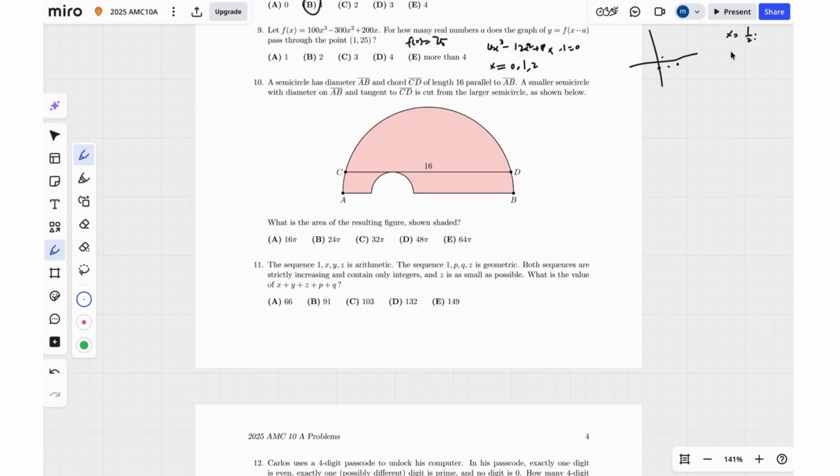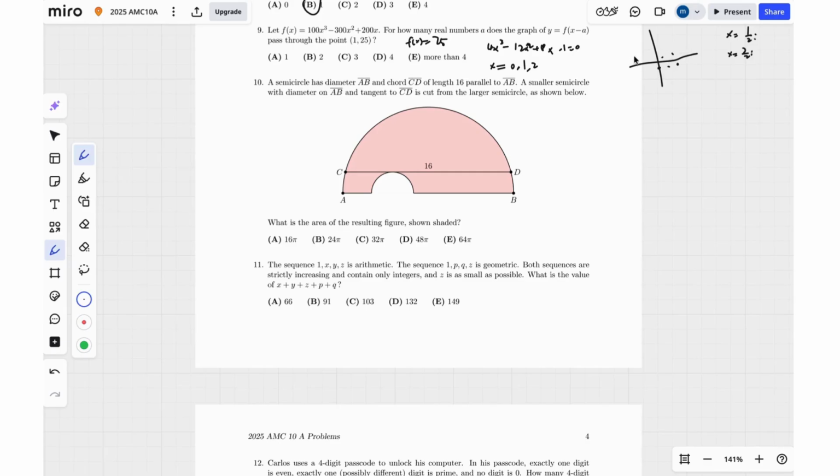And then now if we plug in x equals 3/2, we also get that f of x is positive.